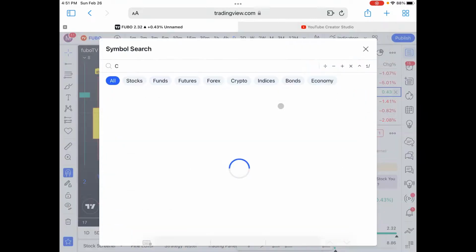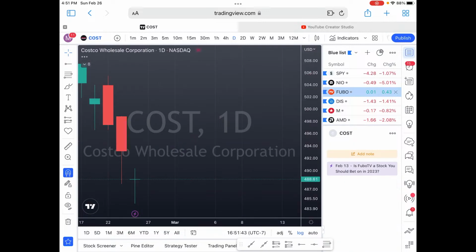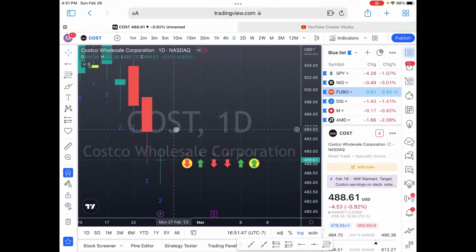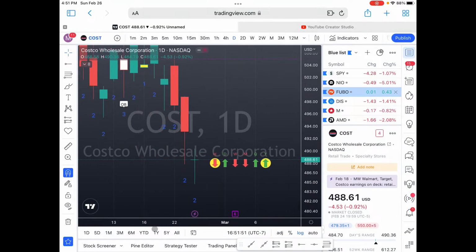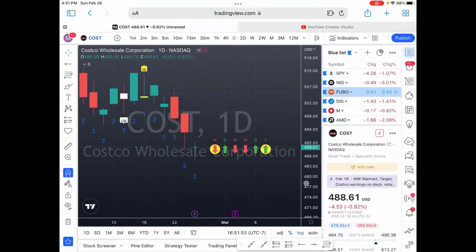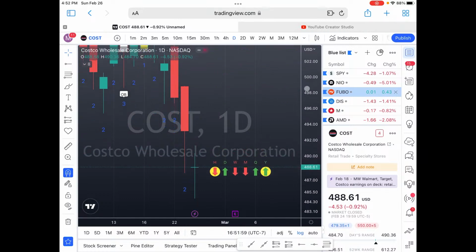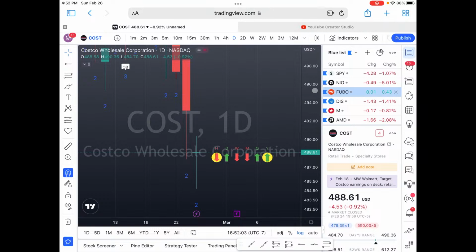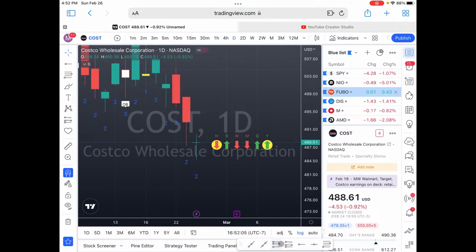Spygirl 7 wanted me to look at Costco. So let's take a look at what we got on Costco. So Costco is tough because, yes, we do have a 2 down green on Costco. Okay. But this is a doji candle. So this was, if I zoom in on this, this is very close to going either red or green. So could you put a trigger back to the upside on Costco?